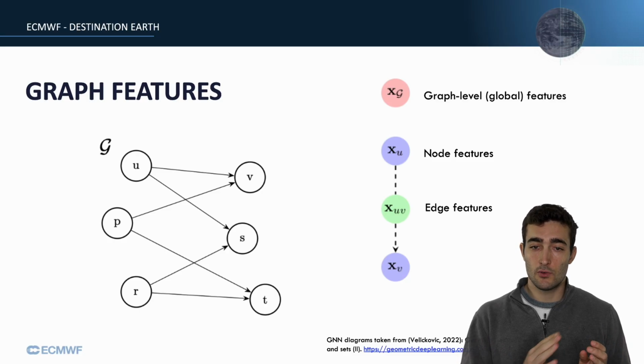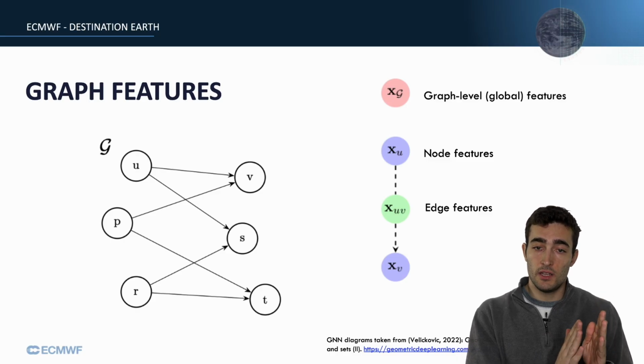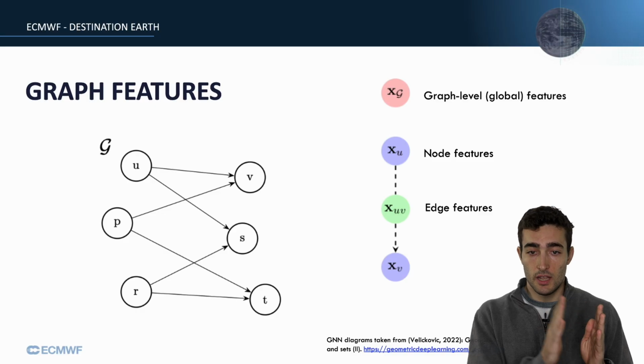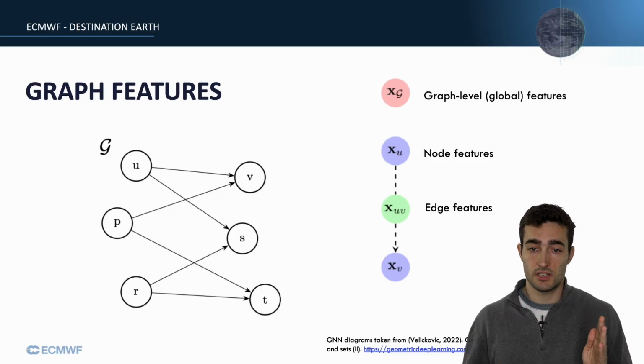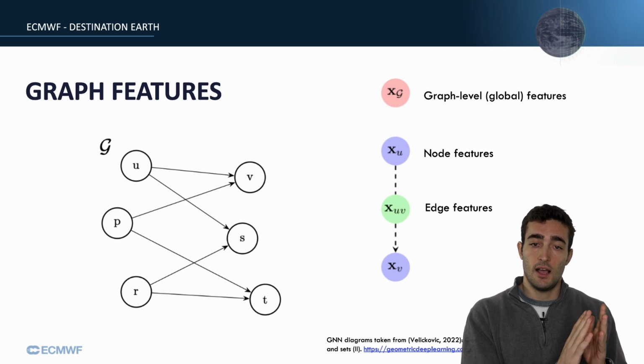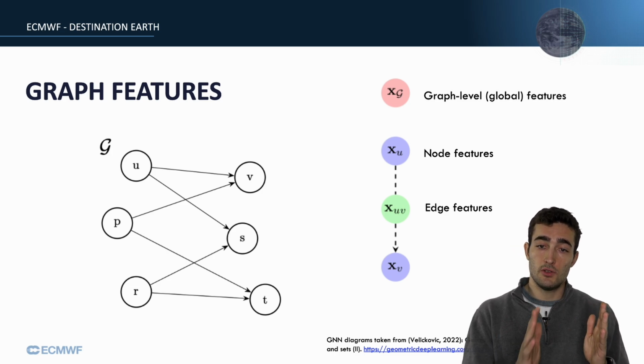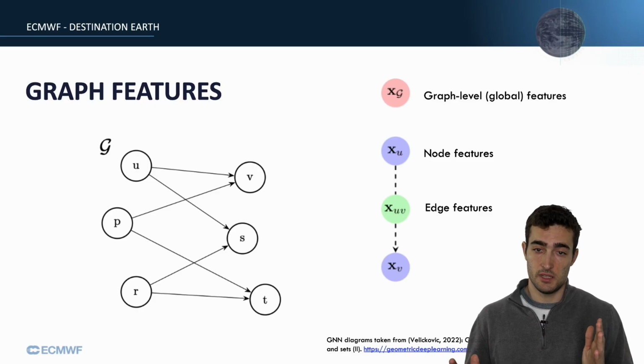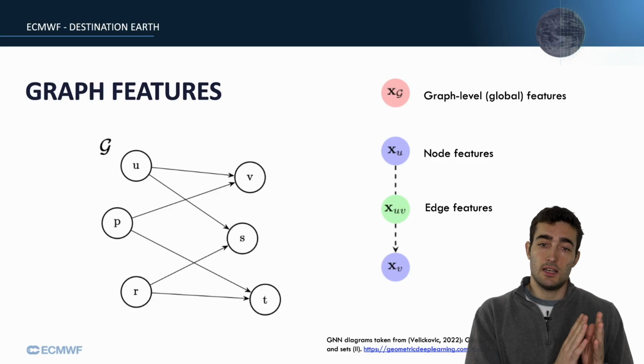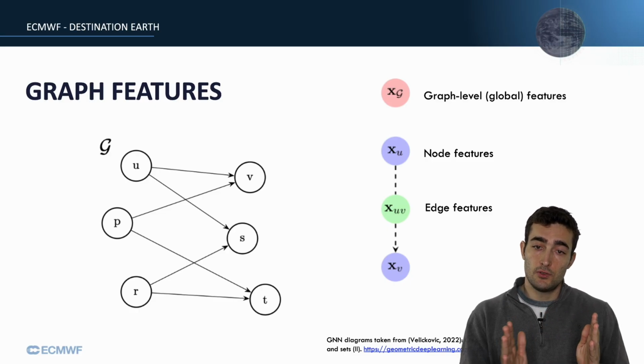What we want in this graph neural network is that in each of these layers we are updating these node and edge features all the time, similar to the linear layers, where we have one vector and at each layer we produce a new vector or latent representation. For the convolution it was the same: we have a spatial field, and in each layer we produce a new spatial representation. So the idea with the graph is the same, producing a layer that updates the node and edge features at each step.